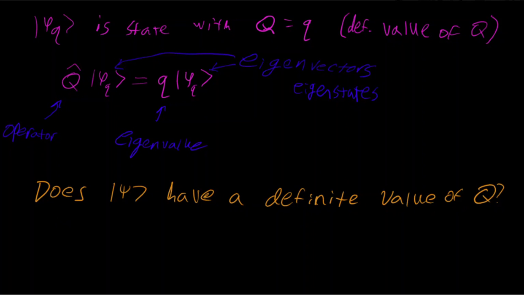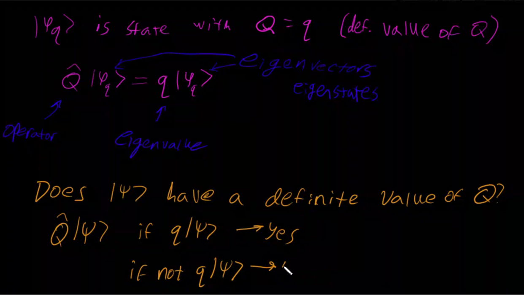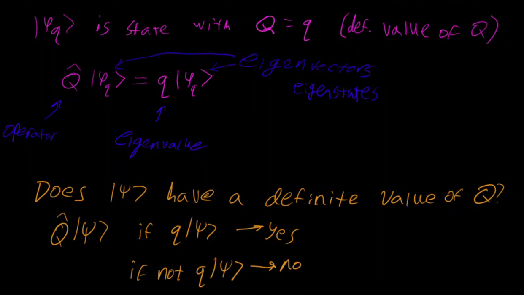And we can use this as a test. Well, all we have to do is do Q hat acting on psi, and if we get some Q times psi, then the answer is yes. If we don't get some constant multiple of psi, then we know the answer is no. We can use this operator to tell if a function has a definite value of some observable.